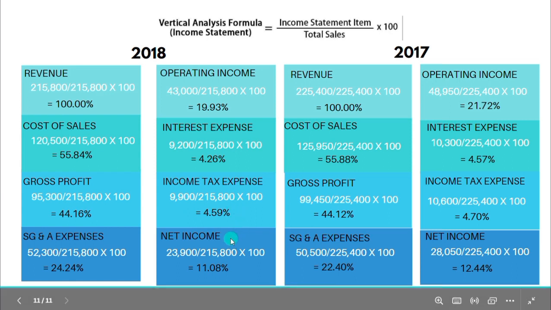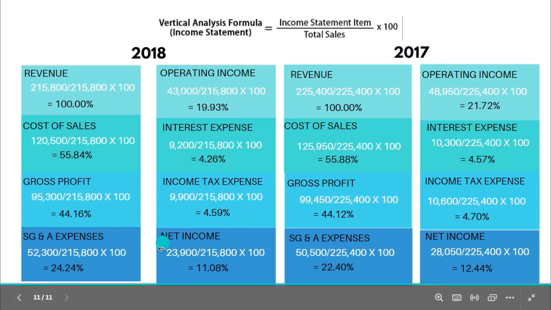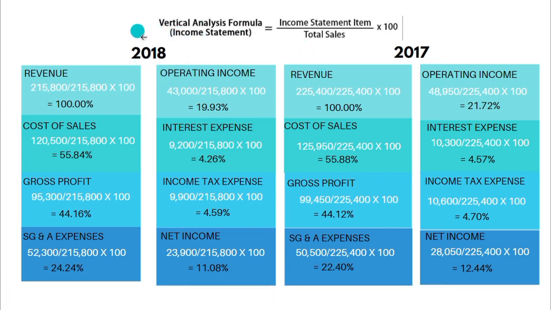So again, sa net income, 23,900 na net income noong 2018 divided by 215,800 na revenue noong 2018 times 100 is equals to 11.08%. So, yun yung vertical analysis percentages ng each item noong 2018.